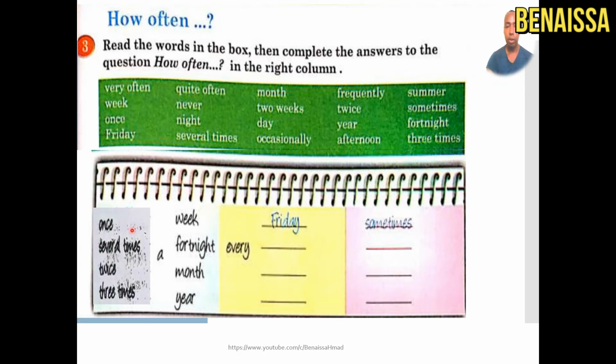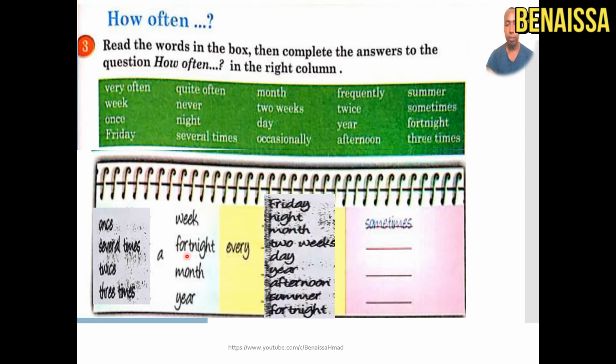Here is the answer. Nice. Once, several times, twice, 3 times a day, a week, fortnight, month, year, every day, every night, every month, every 2 weeks, every year, every afternoon, every summer.